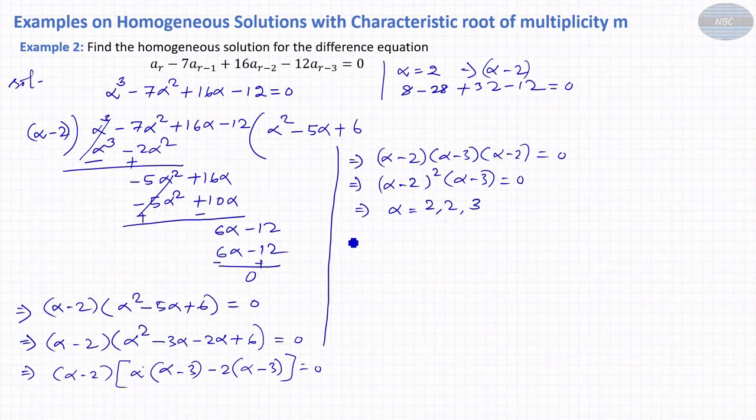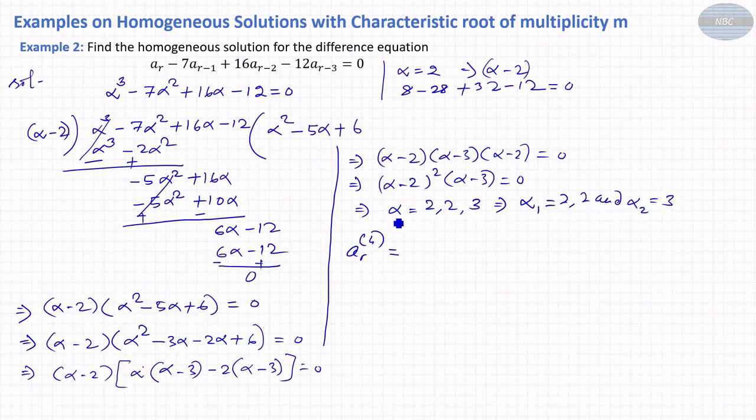So the homogeneous solution can be written as, let me write it down in another way. Alpha 1 is equal to, let's suppose, 2 comma 2, and alpha 2 is equal to 3. So they are the roots.